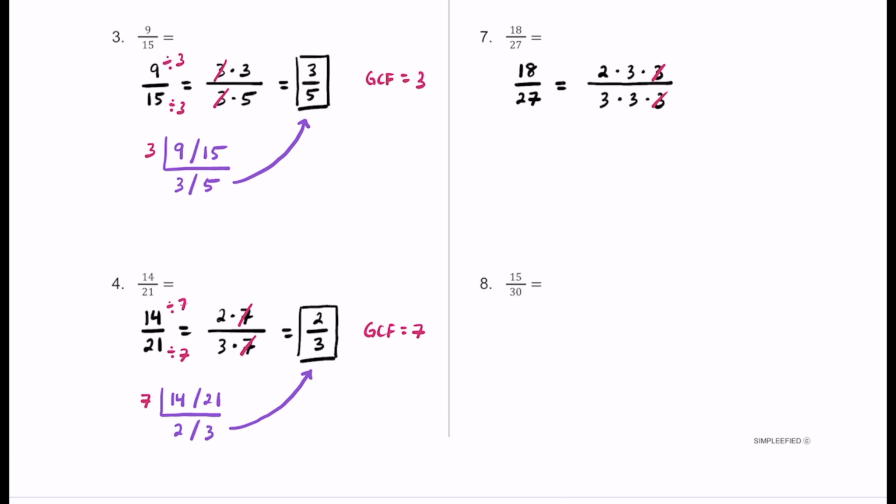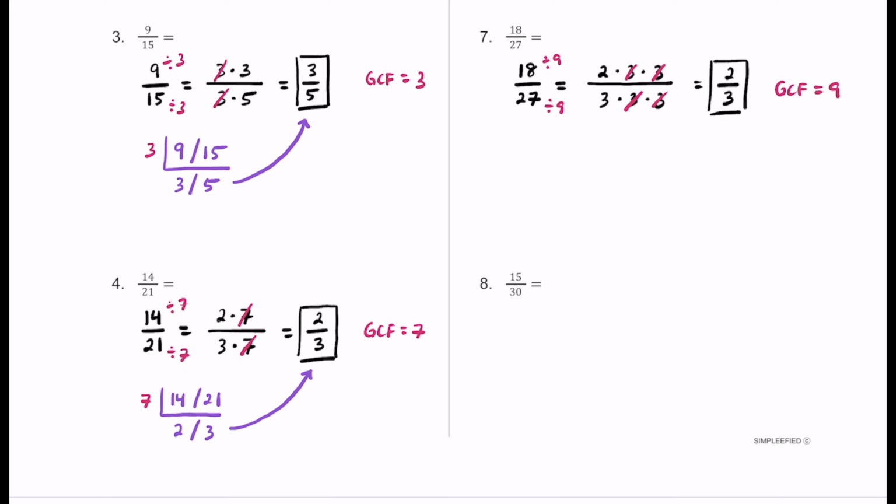Both top and bottom have a 3 in common, and then another 3 in common. So 3 times 3 is 9. So that means we can divide both of these numbers by 9. Okay. 18 divided by 9, we're left with a 2, and then 27 divided by 9 is going to be 3, and so that is going to be our most simplified fraction. GCF here is equal to 9.